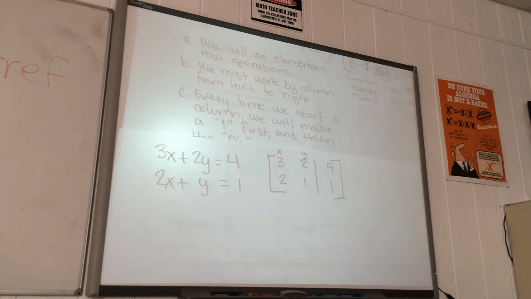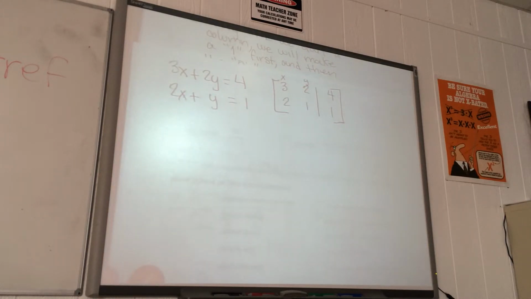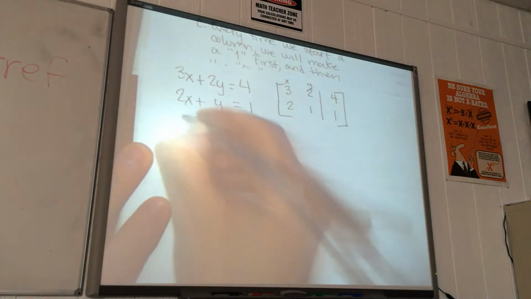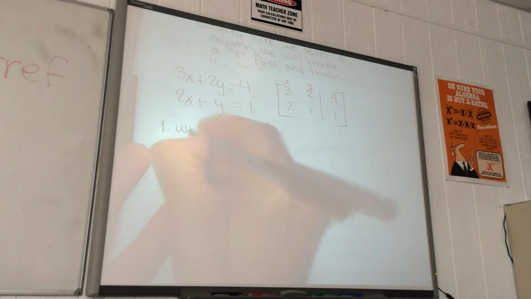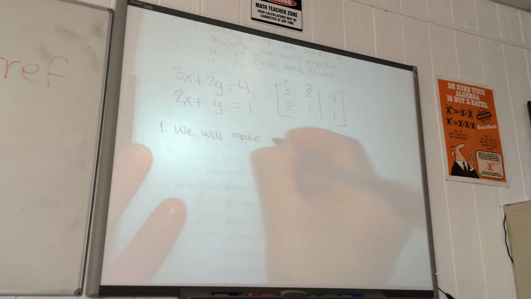Okay, so our first rule was that first we need to work on the first column, right? So we will make the number 3 a 1. That's what we need to do first.